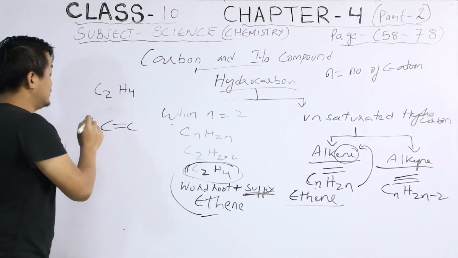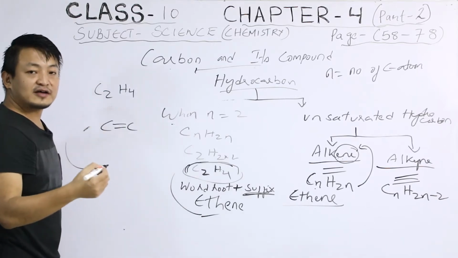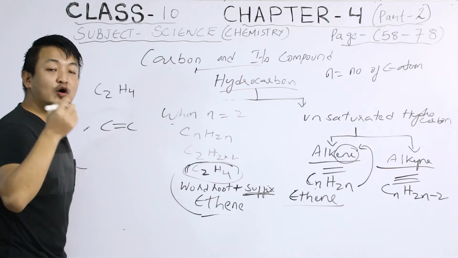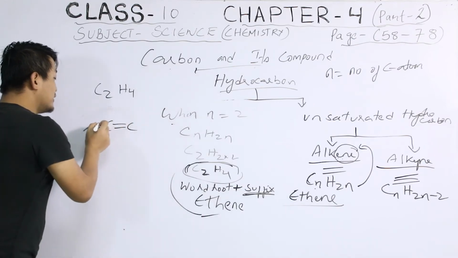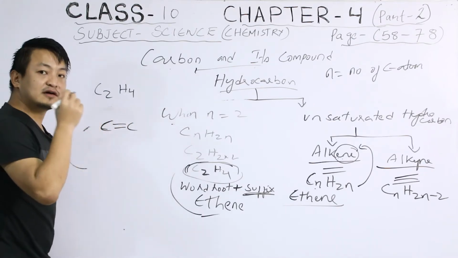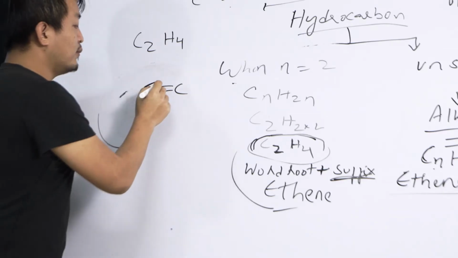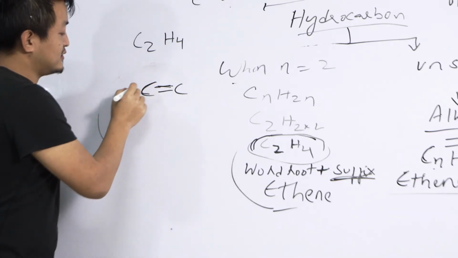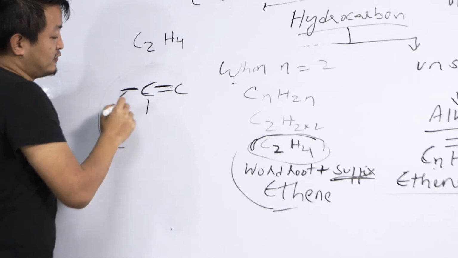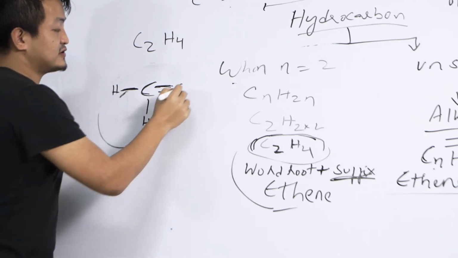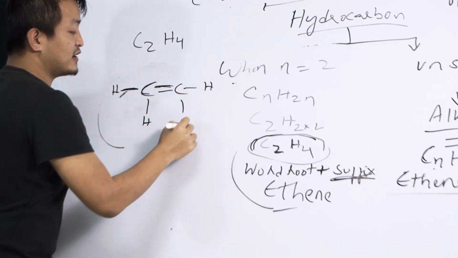In order to fulfill the octet, each carbon should be surrounded by 4 bonds. So we have here H, H, H, H.